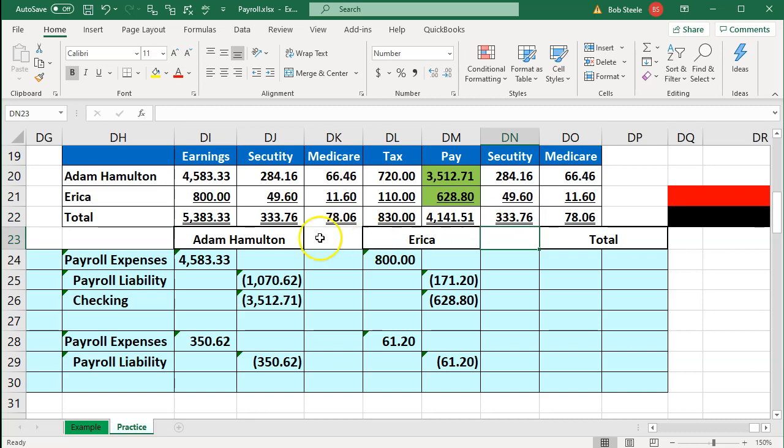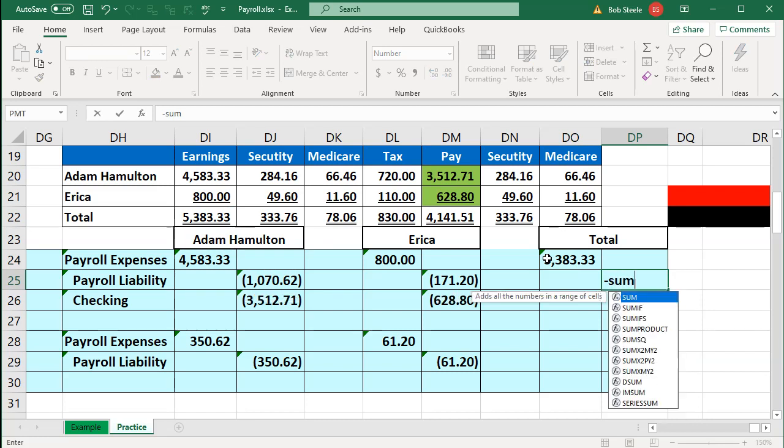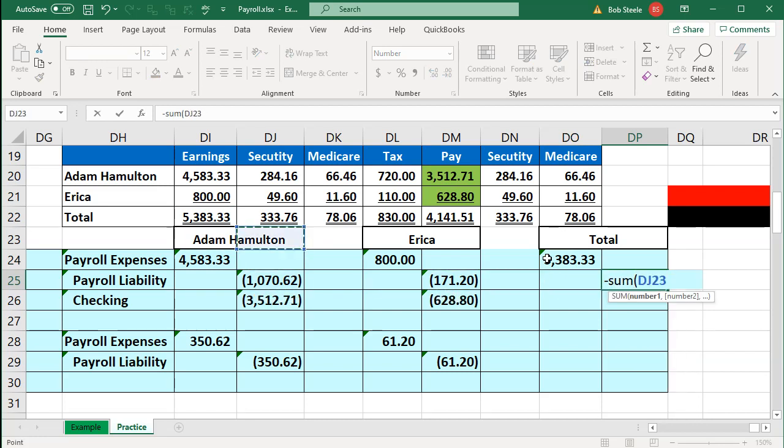So now we can think of the total as basically one employee record, the journal entry for all the employees at once. So we could say, all right, the payroll expense is going to be the 5,383.33. The liabilities are going to be the negative sum of the 333.76, the 78.06, and the 830.